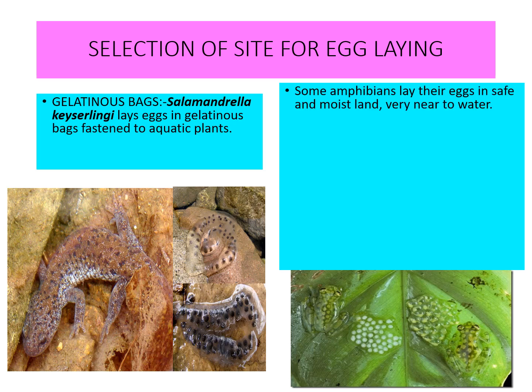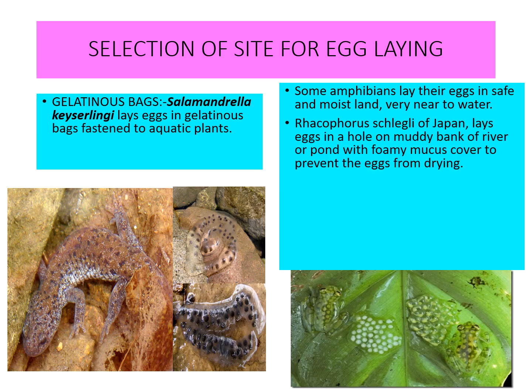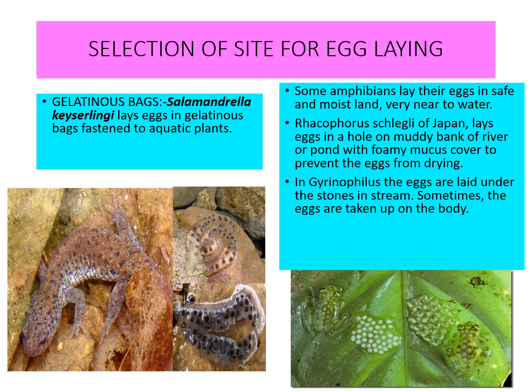Some amphibians lay their eggs in safe and moist land very near to the water in order to avoid desiccation. Rhacophorus, for example, in Japan, lays eggs in a hole or muddy banks of a river or pond with a foamy mucus cover to protect the eggs from drying.